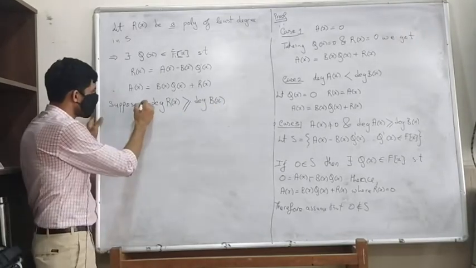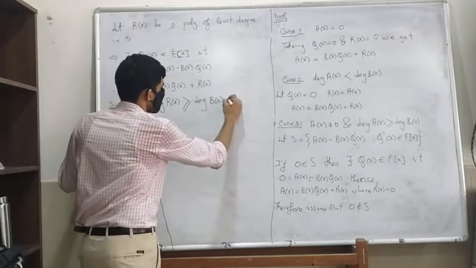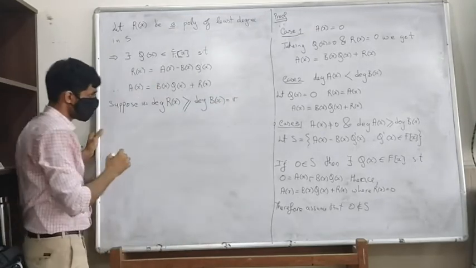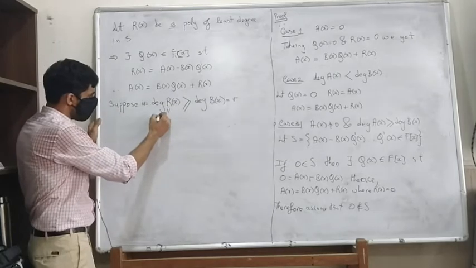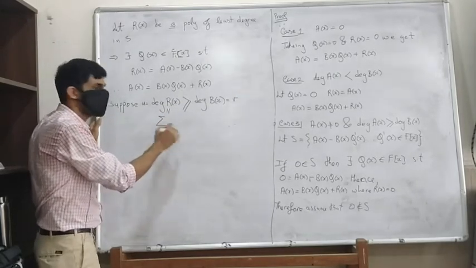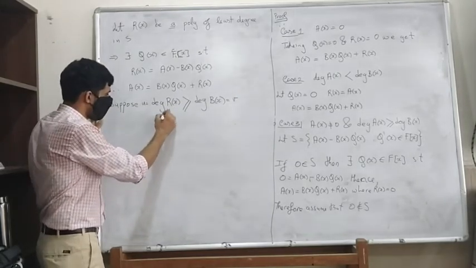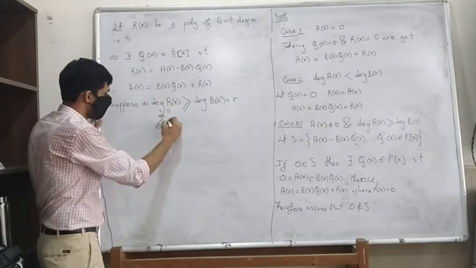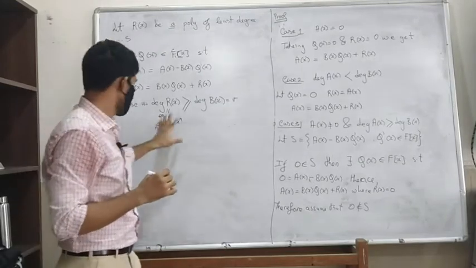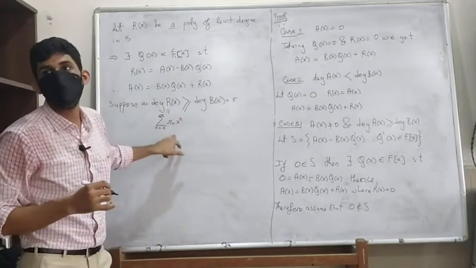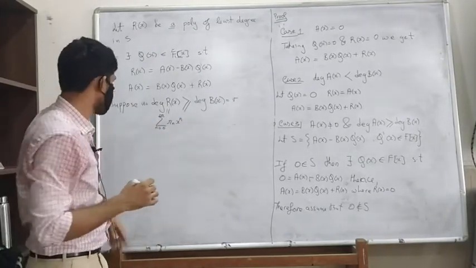Let us express this as a summation, using the similar notation that we have been using. By capital R we will use small r n, so we write R as the summation of r n x raised to n.